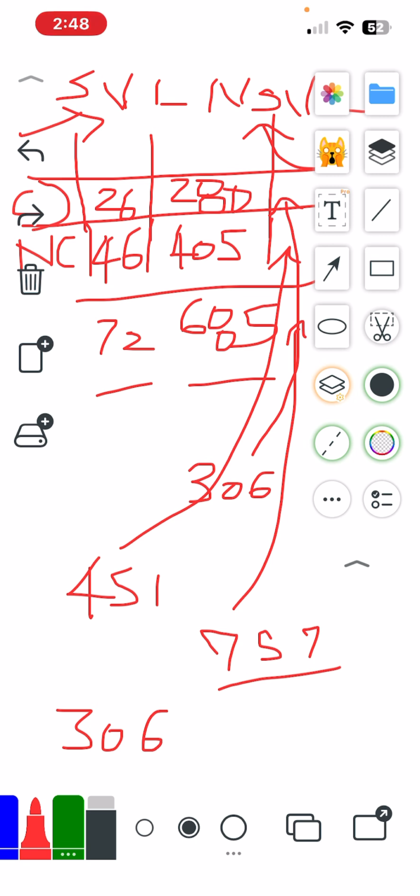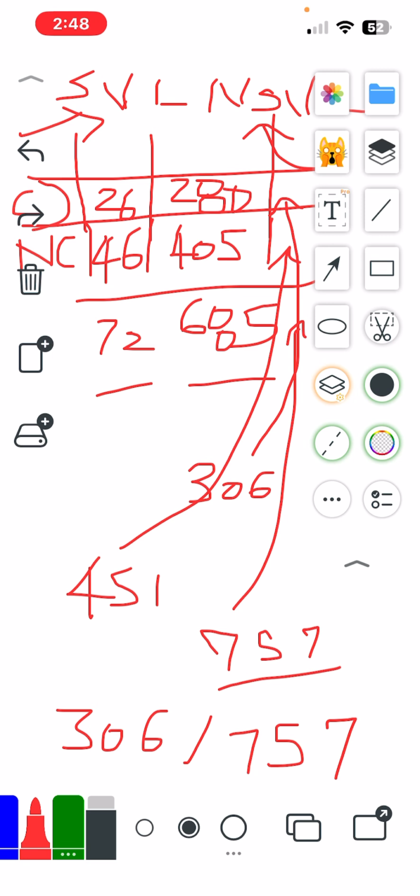The total we know is 757. So all we do is 306 divided by 757. This is the probability of finding an individual amongst all the drivers who is a cell phone user. So 306 people out of 757 are cell phone users.